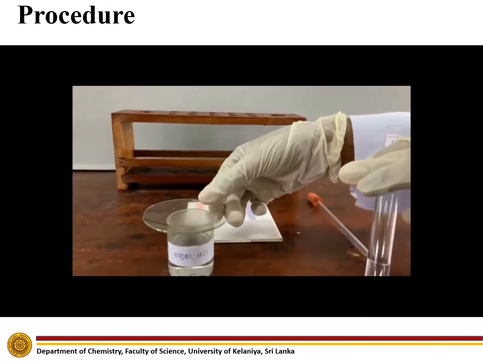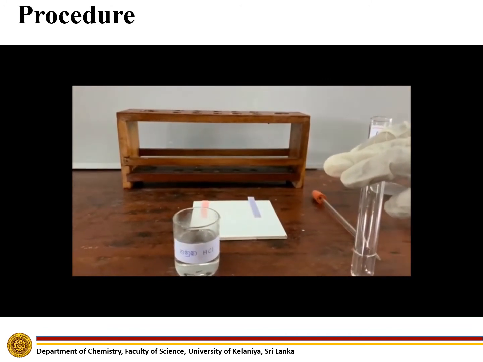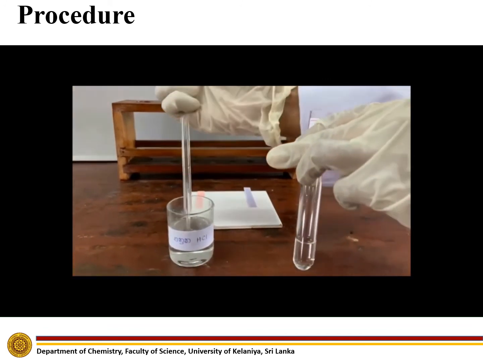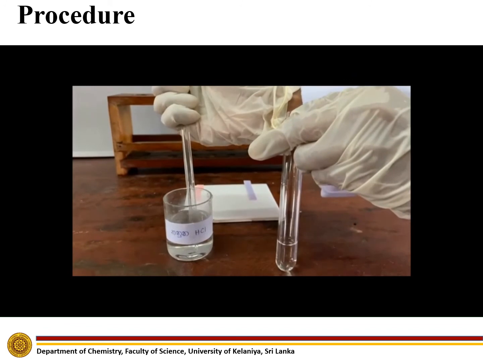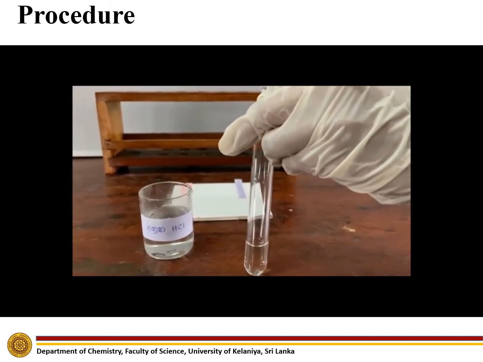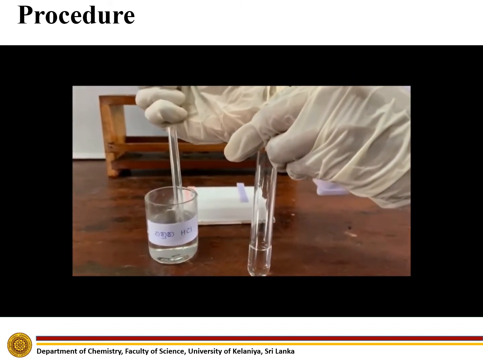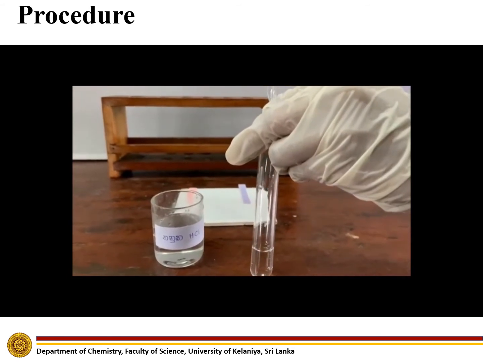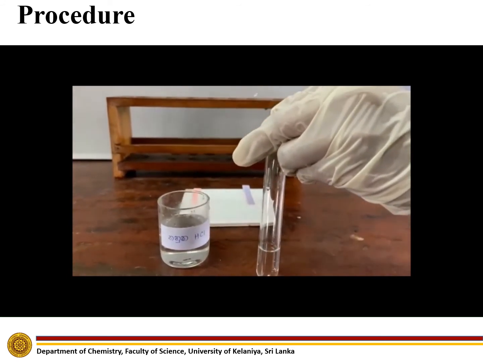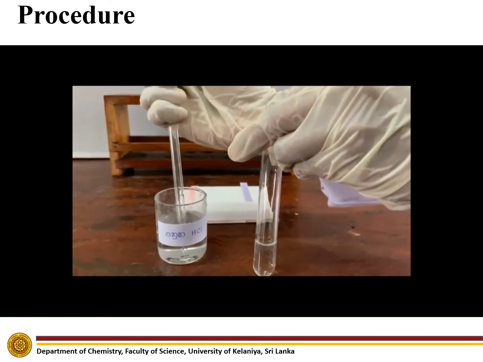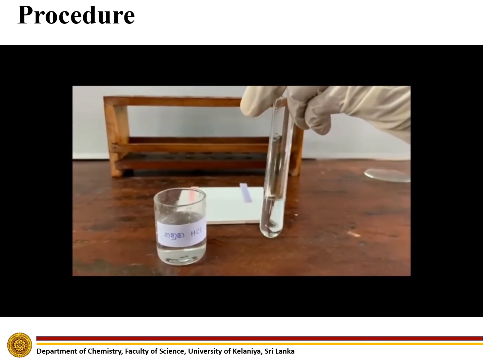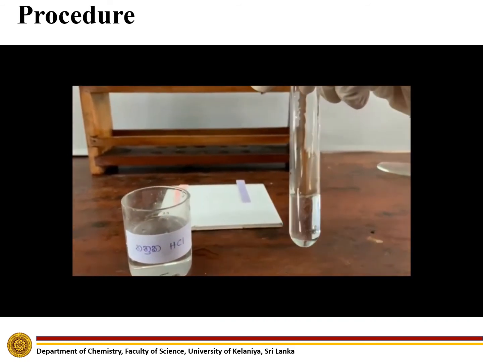Procedure. You have been provided a nitrite ion solution. Add a few drops of dilute hydrochloric acid to the given solution. A brown gas evolves.